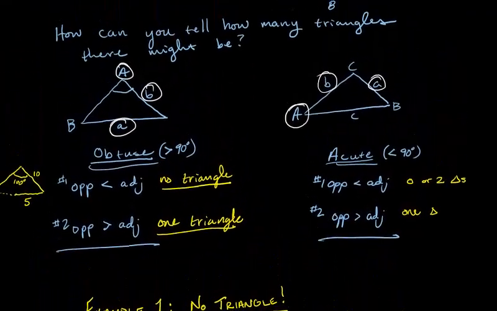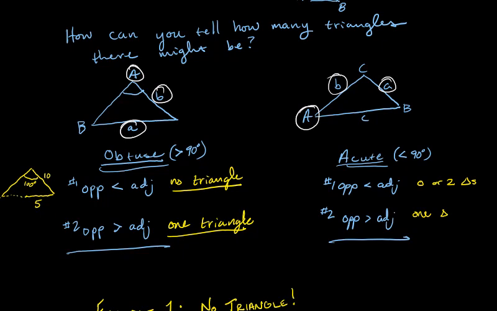Make sure you are familiar with these scenarios, and remember, it only occurs when it's side-angle info that is given. If side-angle is what you're starting with, then you're looking at the angle, and then the opposite side and the adjacent side, and letting those dictate what scenario you're in.